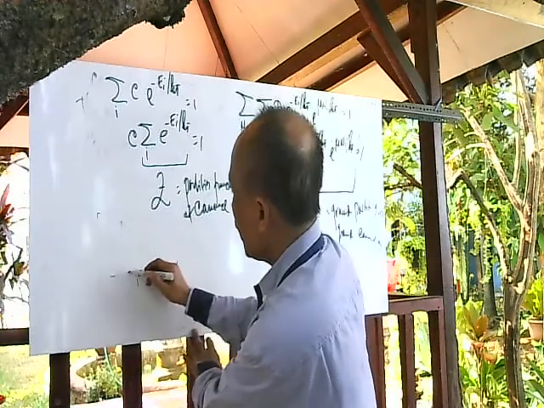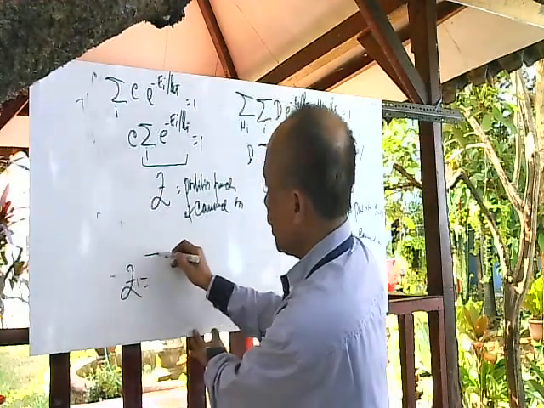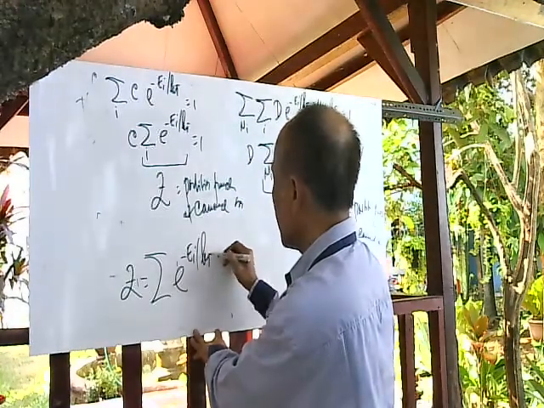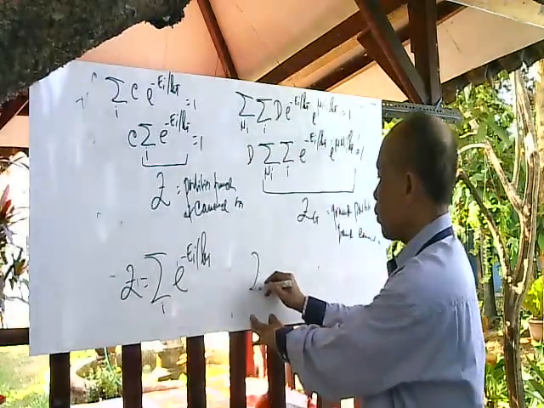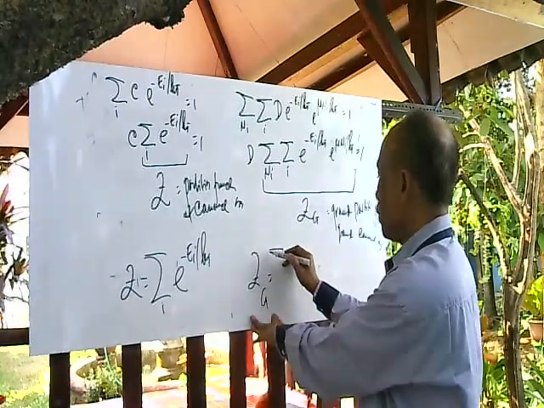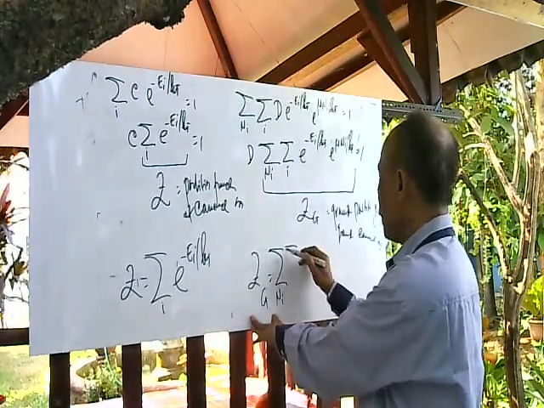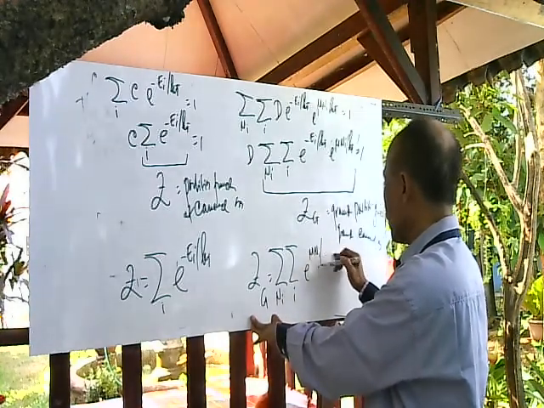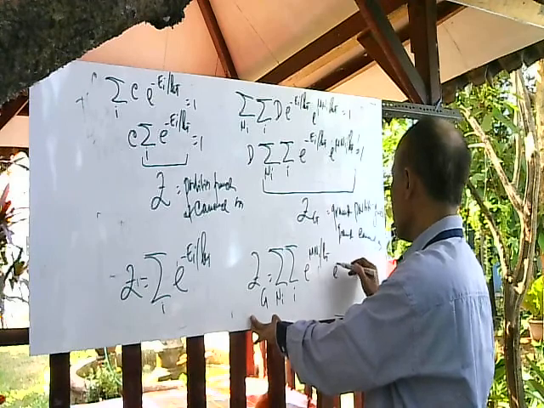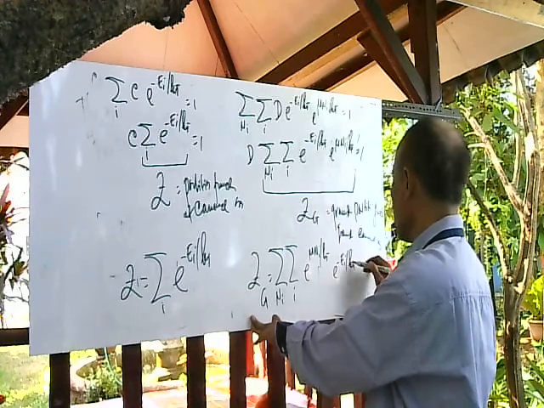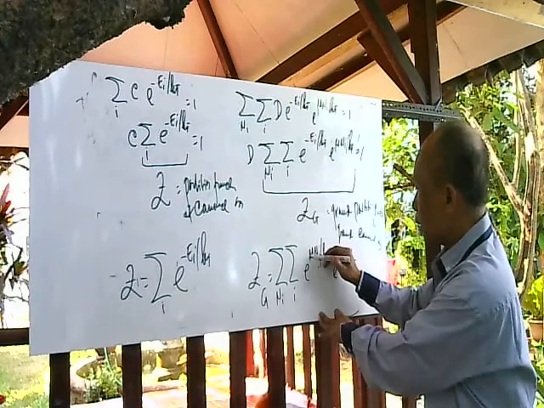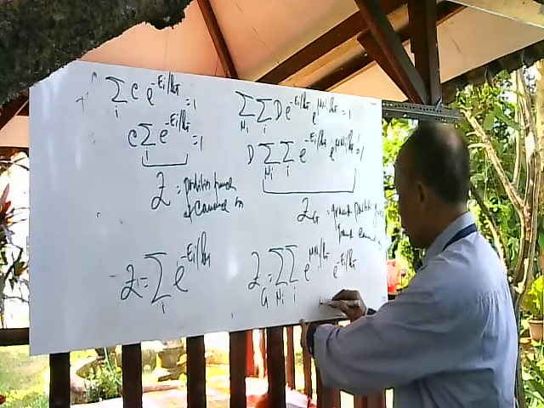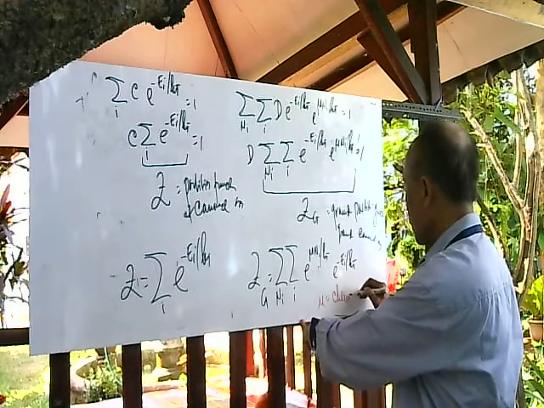So we define here that for the canonical assembly, the partition function is the sum of e^(-Ei/kT), for all i. And for the grand canonical assembly, we obtain the sum over N and i of e^(-μN/kT) e^(-Ei/kT). Now, μ is known as the chemical potential.